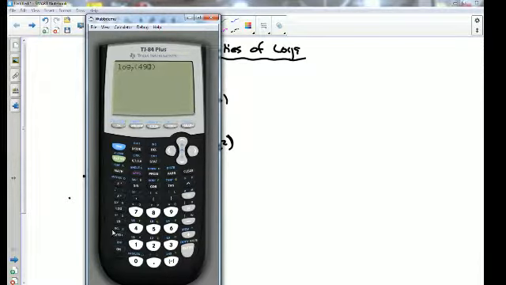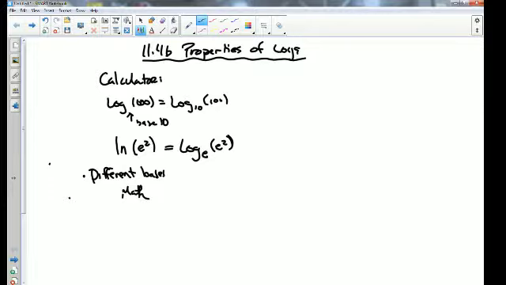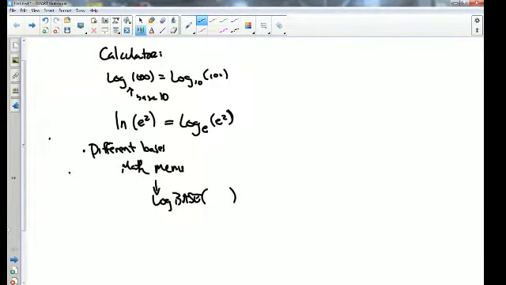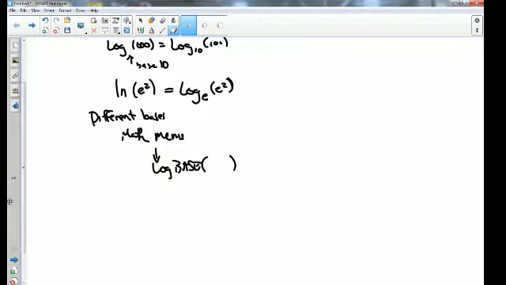So one way to deal with different bases is the math menu, down to the log base function. You good with us? Yes. Okay, here's the other way to deal with it.